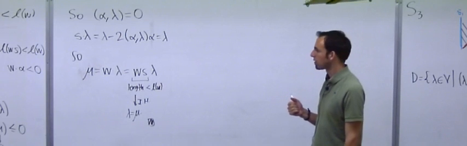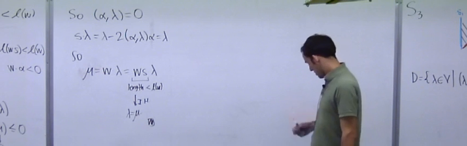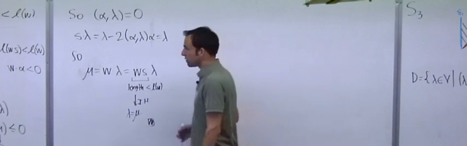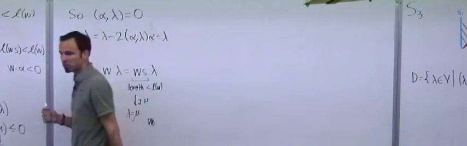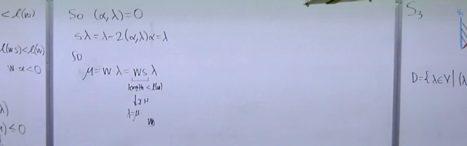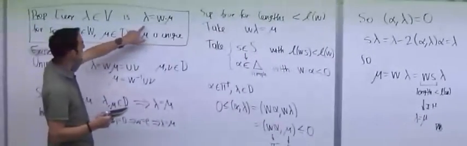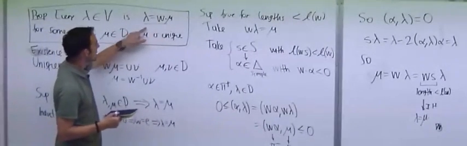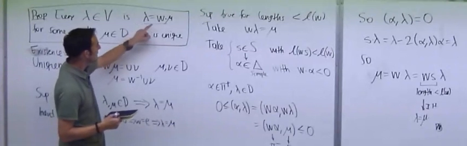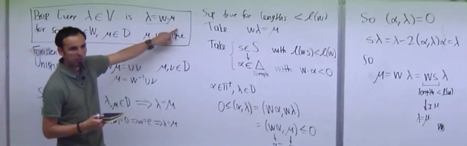Okay. Now, let me point out something that is very important here in this proposition, which is that I want to understand the situation of how this can happen when lambda can be equal to W times mu for a mu in the fundamental domain.